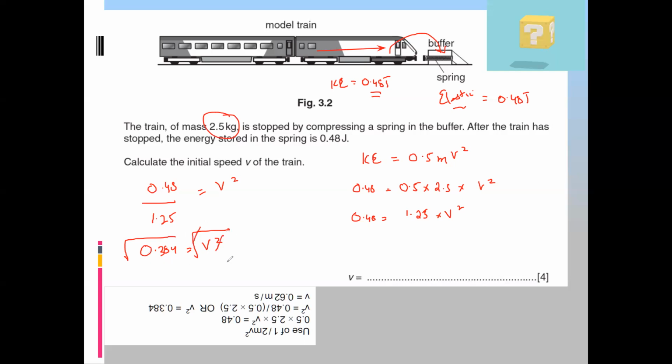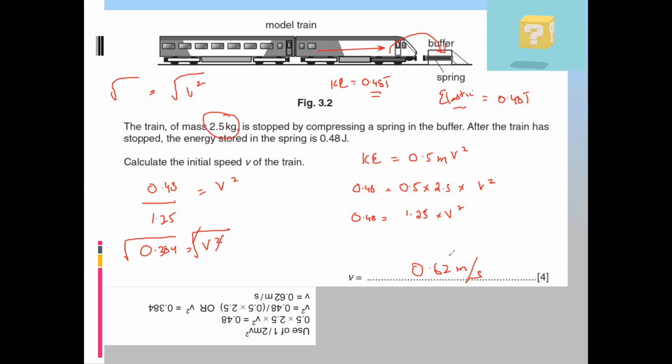What is the square root of 0.384? On your calculator, you can find this square root. So the square root of 0.384 will come out as 0.62 meters per second.